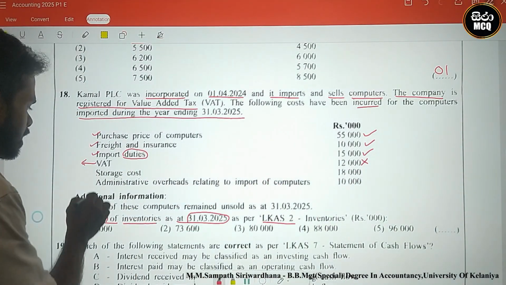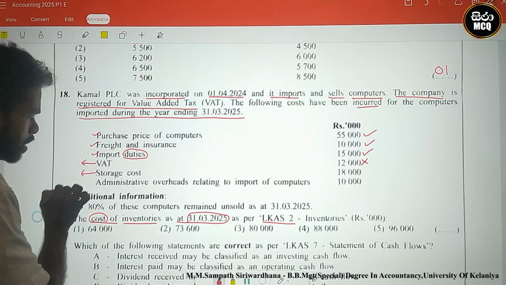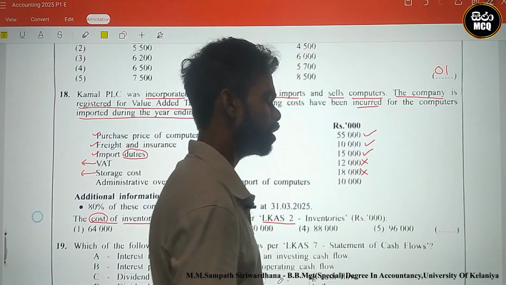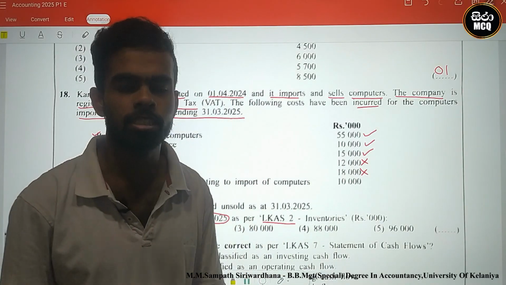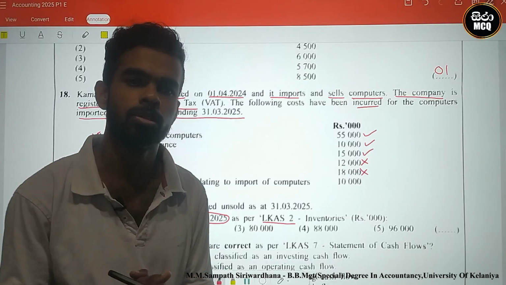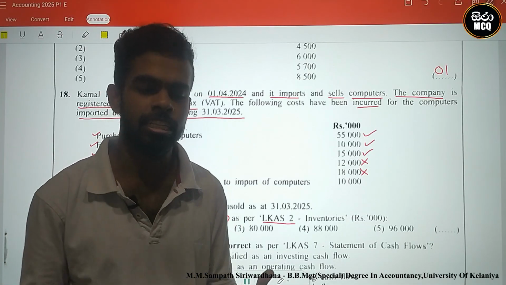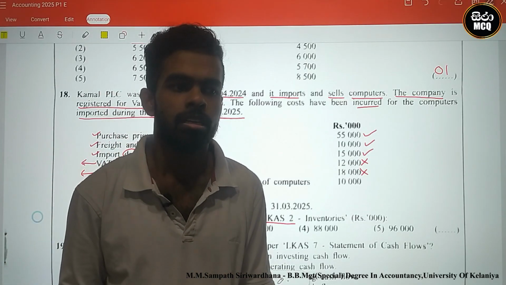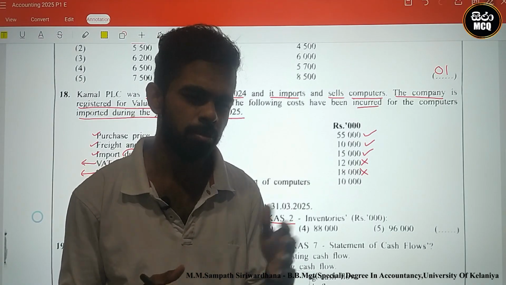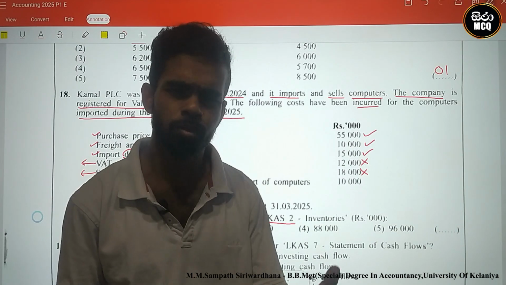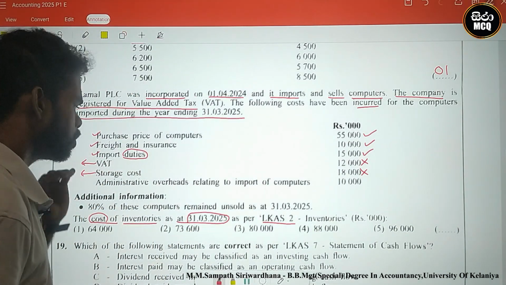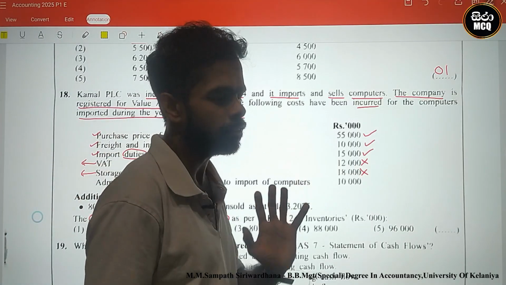Okay, look here. Storage cost cannot be included in inventories. Why? The storage cost is not a directly attributable cost. If there is any inventory, at the importing or purchasing time, we must store it. This is the normal point. Based on that, the storage cost cannot be included in inventory.